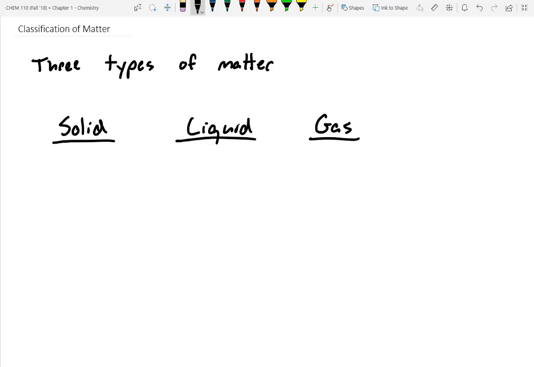So the easiest way to define a solid is it retains its shape. So if I set a rock on the table, the rock isn't going to spill off the edges of the table, right? It's just going to sit there like a rock.